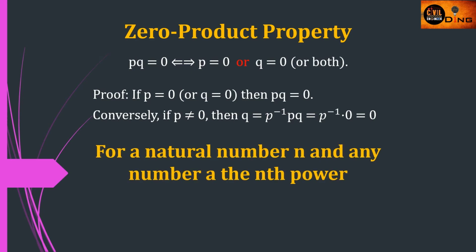For a natural number n and any number a, the nth power, a raised to n, is equals to a times a times a times a and so forth, meaning n is a factor. The zeroth power.